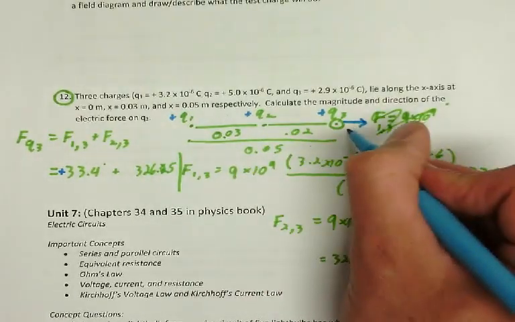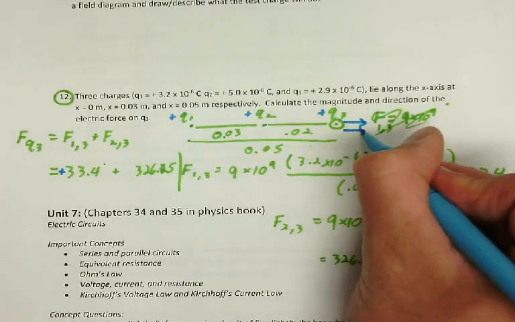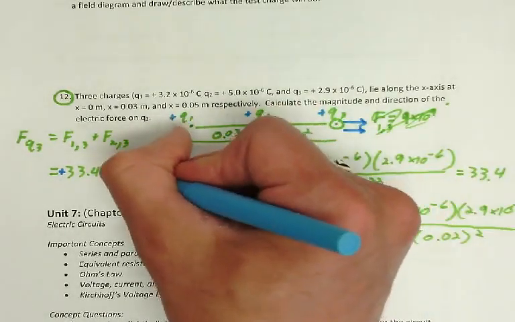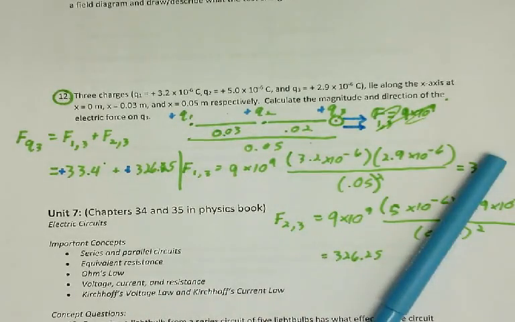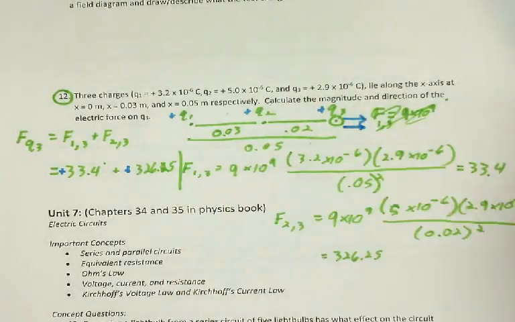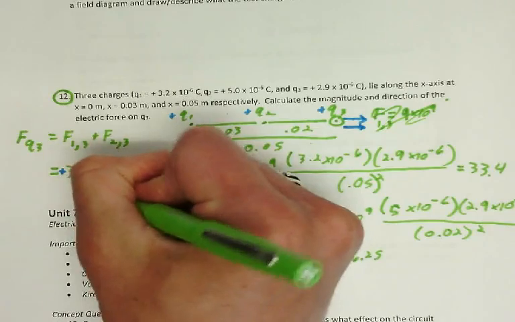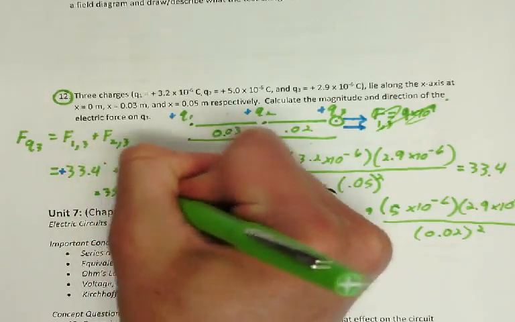Like charges repel. It goes away from Q2. So that would also give you a positive. So you would just add those two together. And you get 359.65.